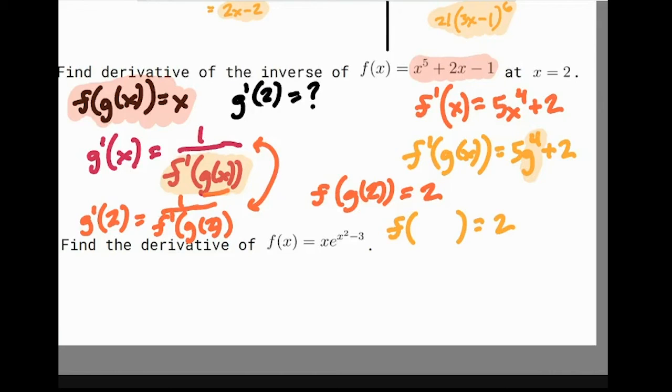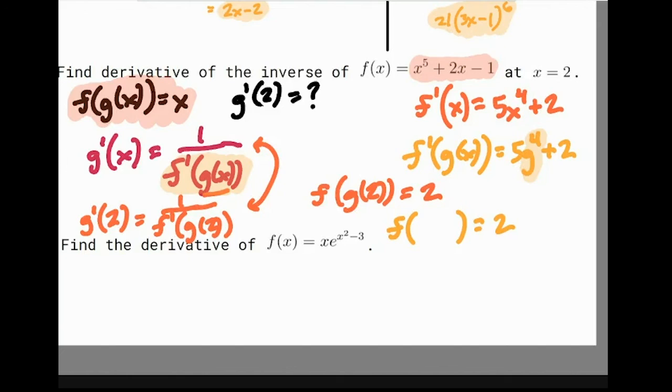And this is where it gets a little confusing. I hate when AP does this because you have to do a guess and check on this. Look at what f of x is up at the very top: x to the 5th plus 2x minus 1. What x do I have to put in there to get a 2 to spit out? 1. AP does this sometimes.